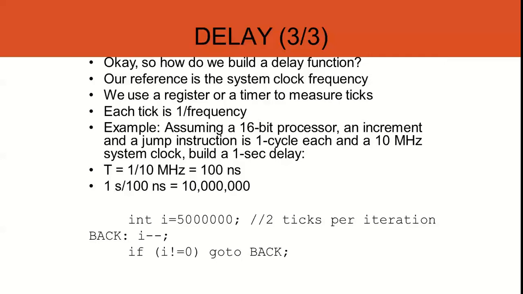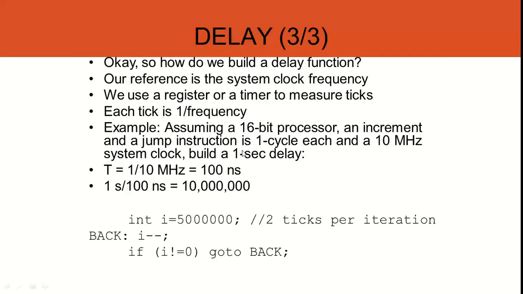Let us see how to build our own delay function. For this particular purpose, we can use the system clock frequency. Each processor will have its own clock, so each tick or time period will be the reciprocal of frequency.